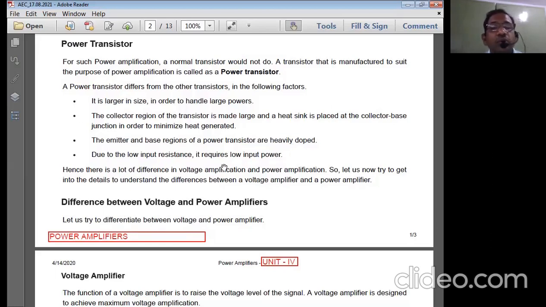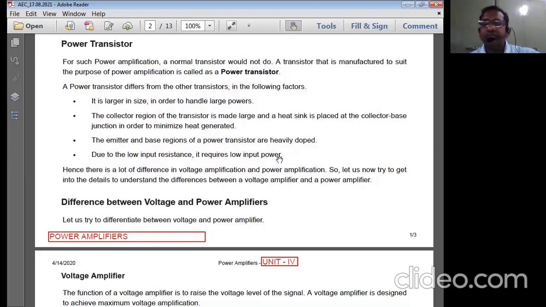Next one is that due to low input resistance, it requires low input power. Yeah, this is the problem with BJT amplifiers. So in BJT amplifiers, what is the problem? All BJT amplifiers are going to have low input resistance. In order to increase the input resistance, we have used various feedback topologies.